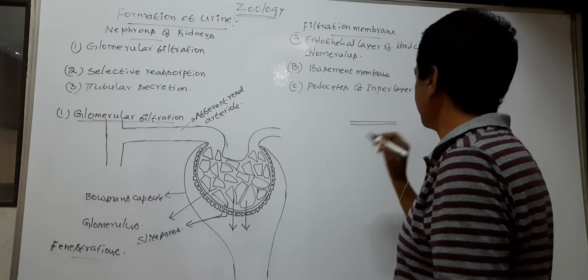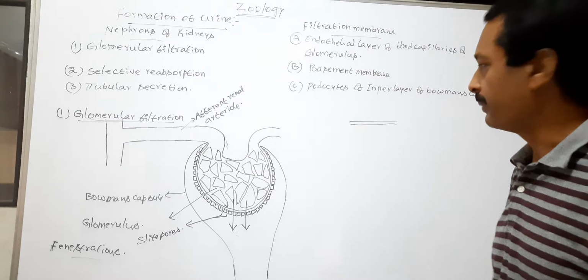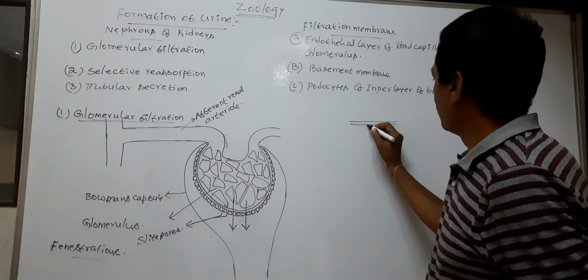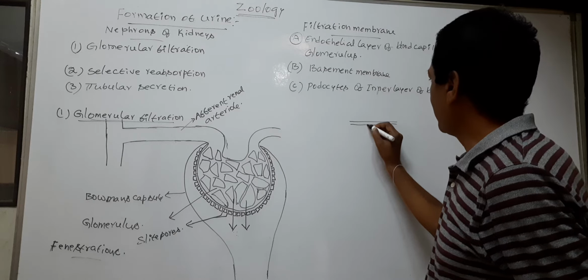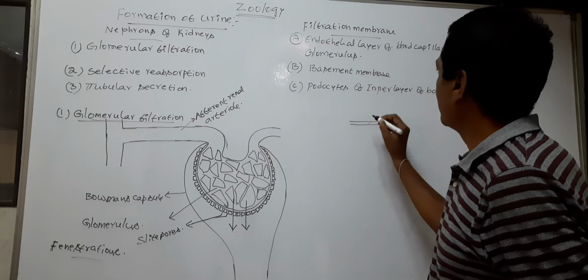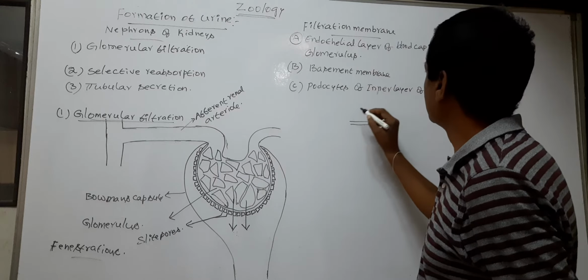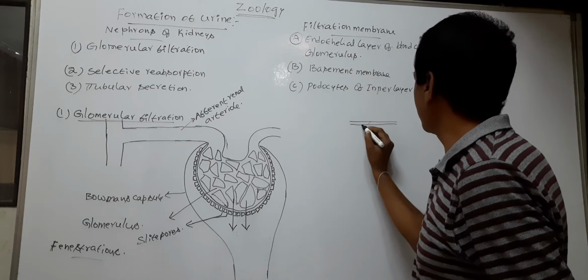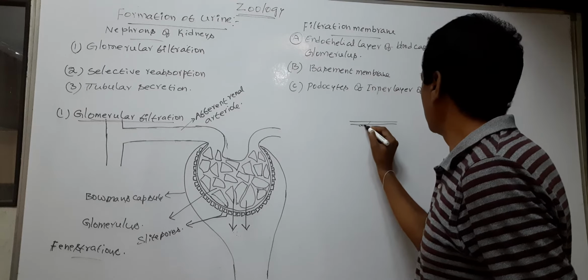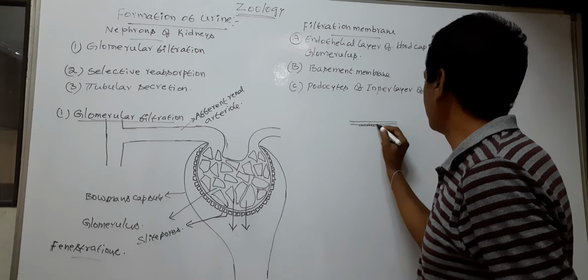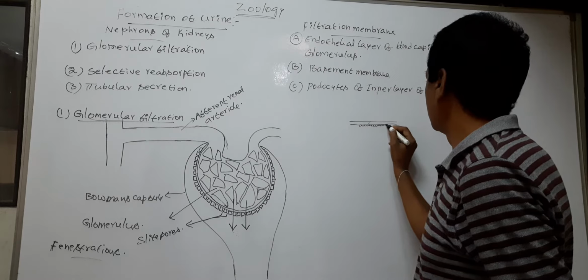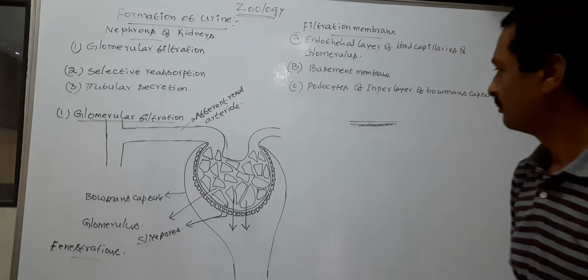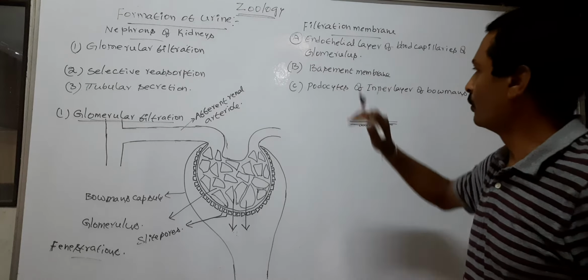For example, this is a blood capillary. The wall of the blood capillary is made by endothelium. So this is the endothelial layer of the blood capillary of the glomerulus.